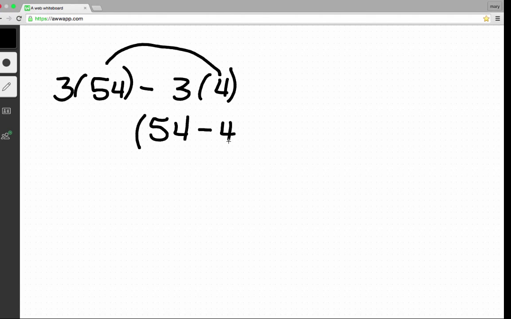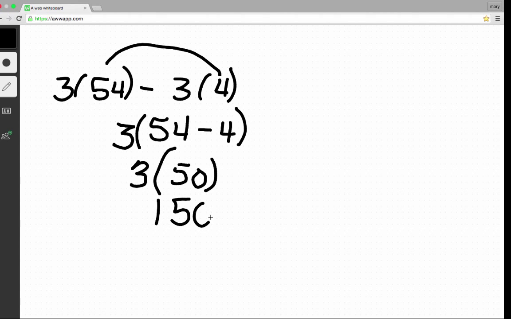Bring your 4 down. I don't need a multiplication sign because this number next to parentheses means multiply. So 54 minus 4 is 50. Don't forget these. Bring your 3 down. 3 times 50, you have 150. So see how you did on that one.